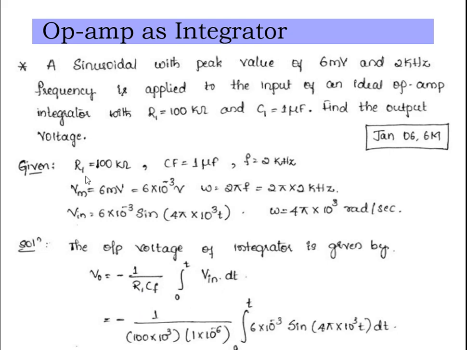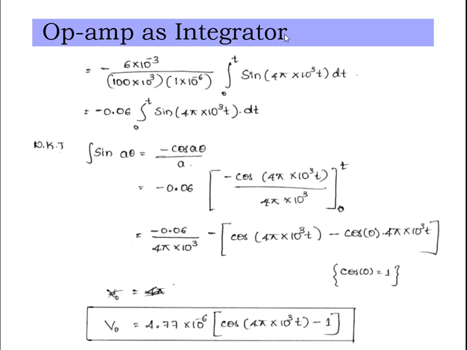Substitute the value of R1, 100 kilo ohms, so 100 into 10 to the power of 3, and the capacitor value 1 microfarad, 1 into 10 to the power of minus 6, integration from 0 to t, Vin is Vm sin omega t, so Vm is 6 into 10 to the power of minus 3, sin of 4 pi into 10 to the power of 3 t into dt. Now 6 into 10 to the power of minus 3 can be taken outside, so this is equal to minus 6 into 10 to the power of minus 3 divided by 100 into 10 to the power of 3 into 1 into 10 to the power of minus 6.